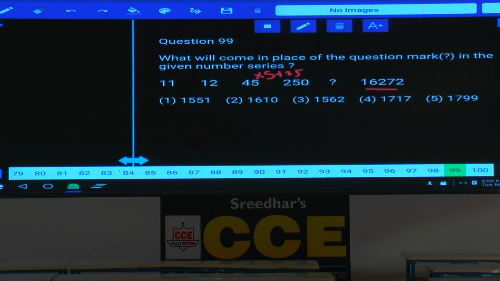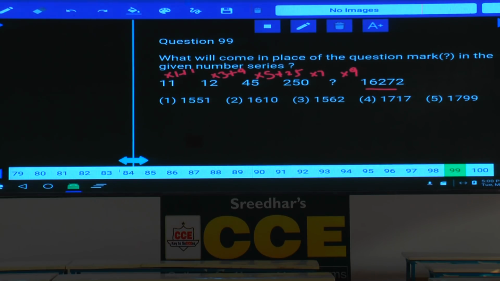Then this one is into 3 plus 12 into 3, 36 plus 9 is 45. And next one is into 1 plus 1. Are you following this one or not? Into 1, into 3, into 5, next one is into 7, and the next one must be into 9.